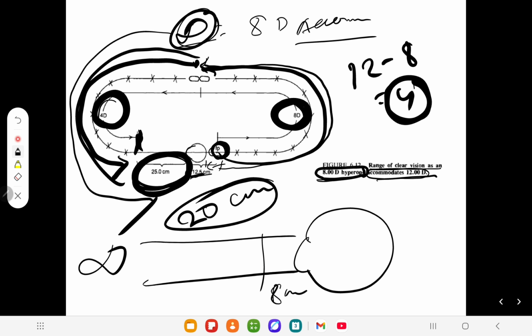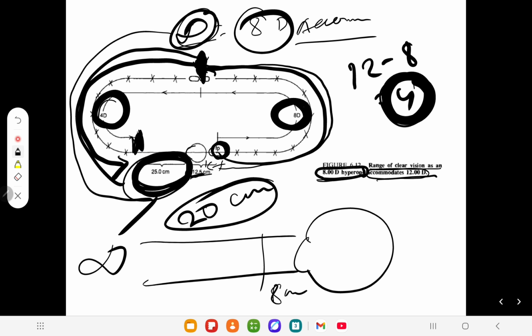But he uses 8 diopter to make his eye optically emmetropic. So he can only use 4 diopter of accommodation. With 4 diopter of accommodation, the near point is at 25 centimeter. It is very crucial to understand this concept.